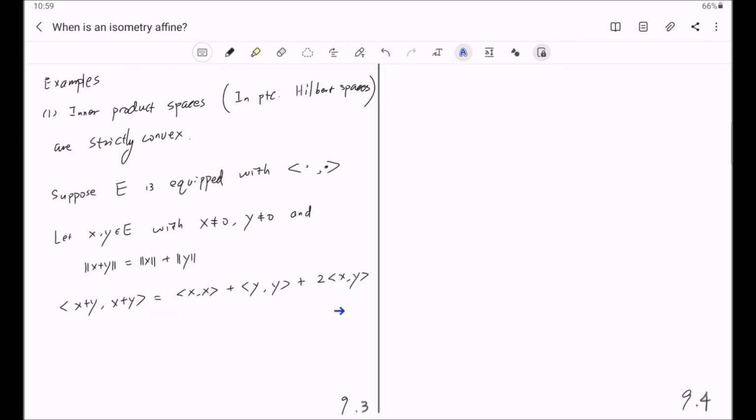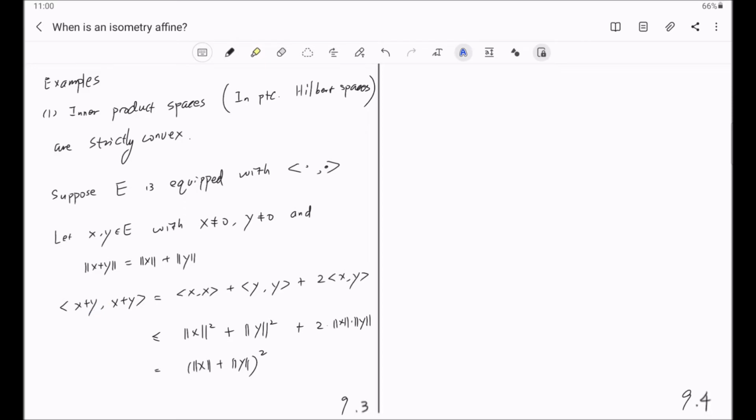And this thing, by the Cauchy-Schwarz inequality, is less than or equal to the norm of x times the norm of y, and we will write everything else as norms. And this is equal to the norm of x plus the norm of y, squared.